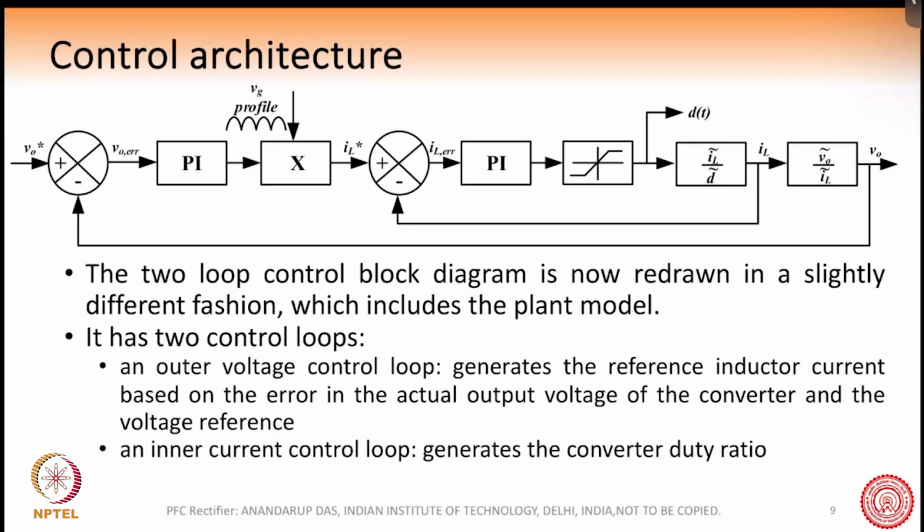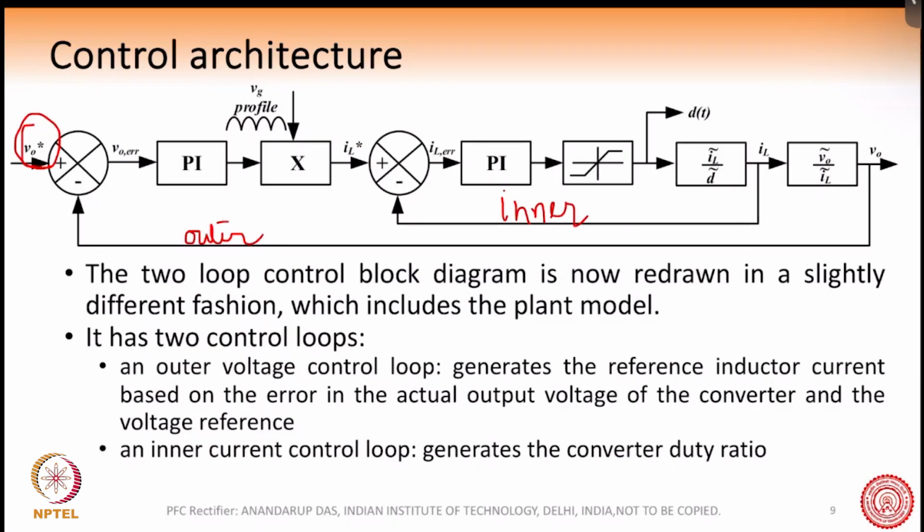Here you can see there is this V0, the output voltage reference. And there are now two loops: one outer loop and one inner loop, the inner current loop and outer voltage loop. You can see it here.